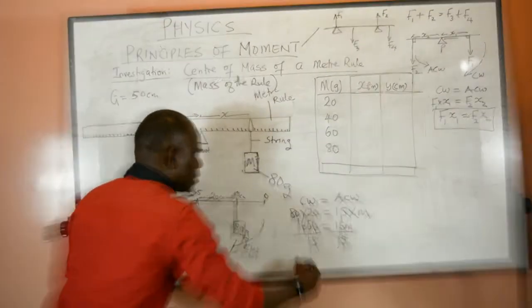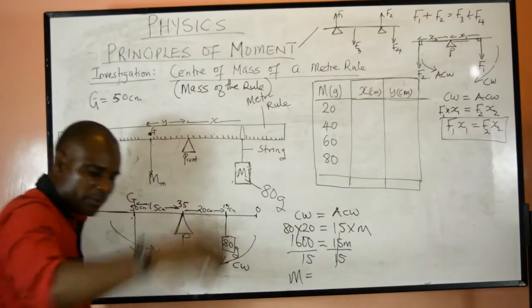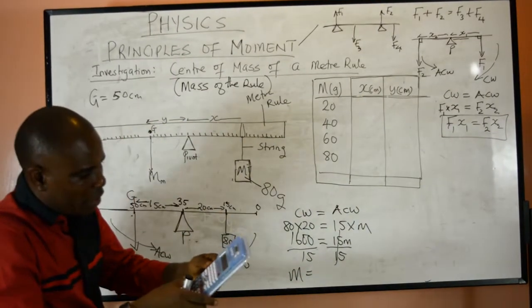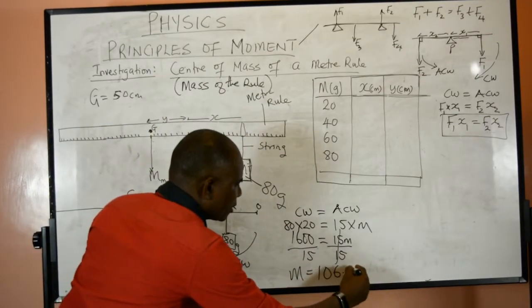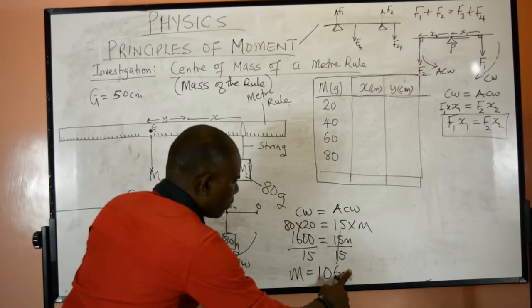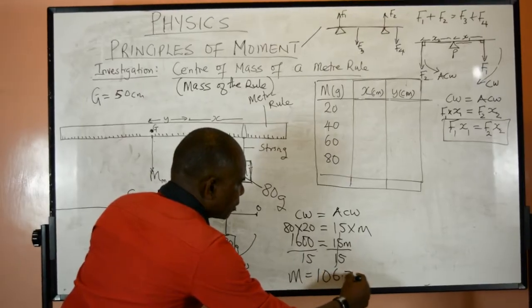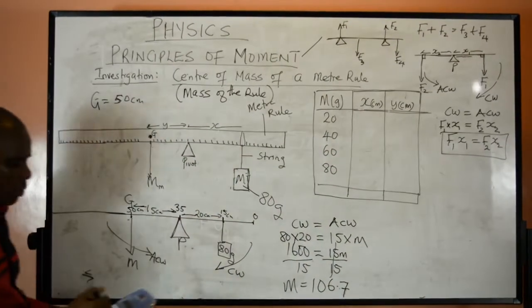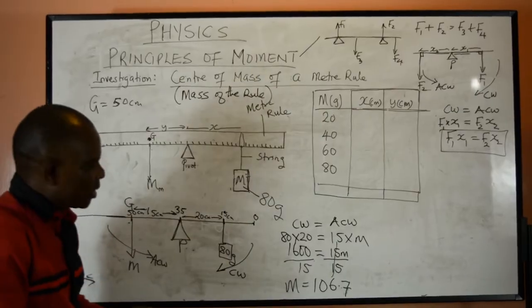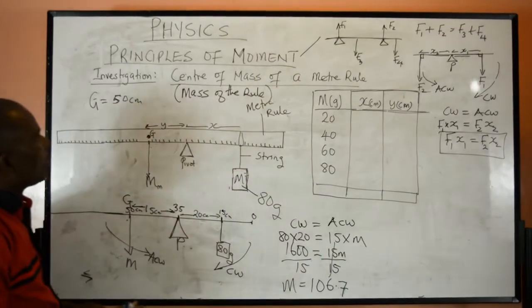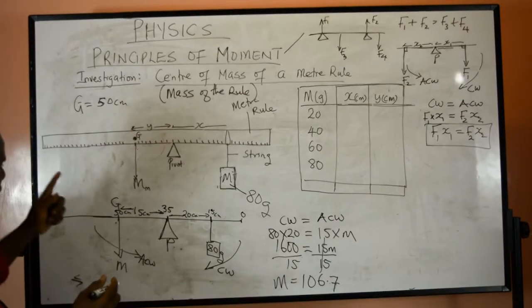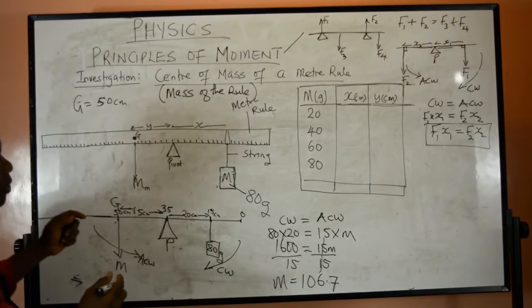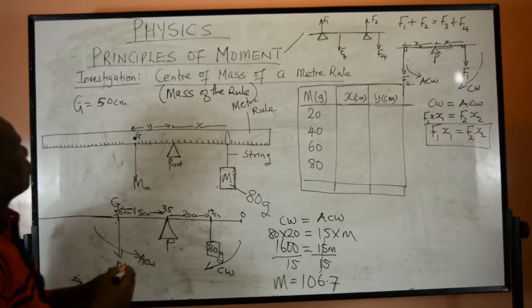So this mass, from my calculator, you can also use your own calculator to get it, is 106.6, so let's say 106.7. Now I got 106.7, but remember when I did my research first, when we measured it, we recorded it somewhere around 100.